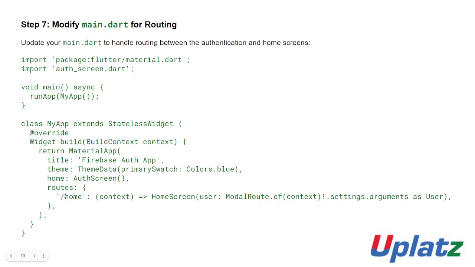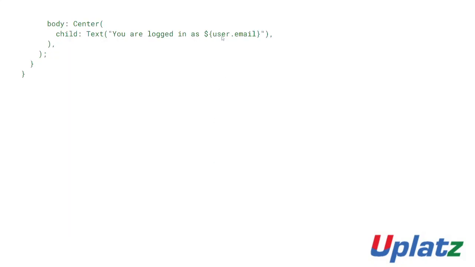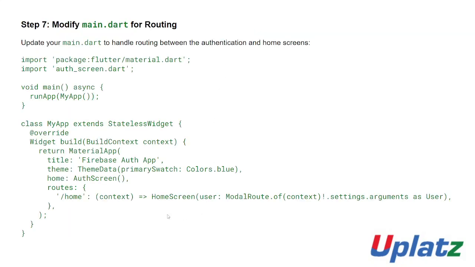Routes, /home, context arrow HomeScreen user, ModalRoute of context. This must not be non-nullable. settings.arguments as User. We wrote here user.email, that is from there. That is home. All brackets are closed here.